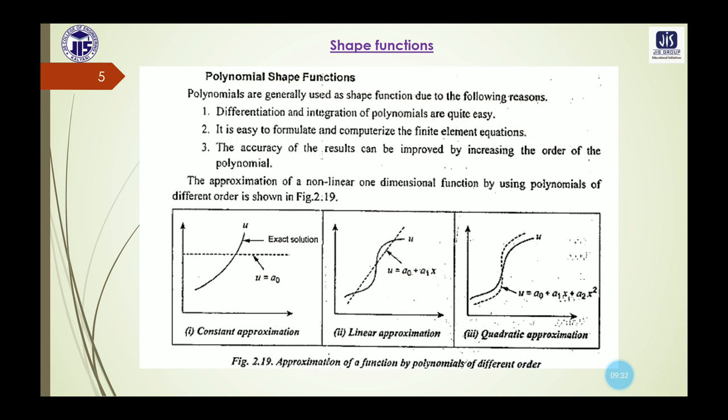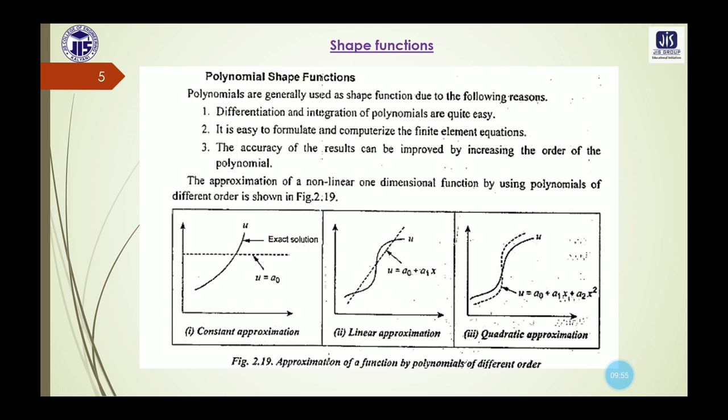That we have seen while discussing the Rayleigh-Ritz method to compute the potential energy and Rayleigh-Ritz parameter. And lastly, we computed the maximum bending moment and maximum deflection. So there we have seen this type of concept.